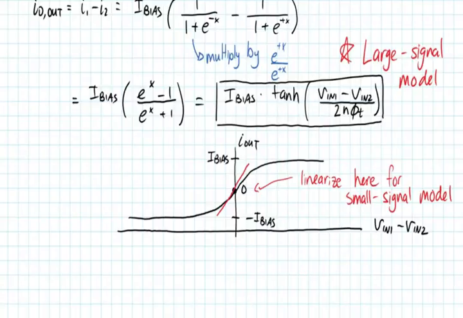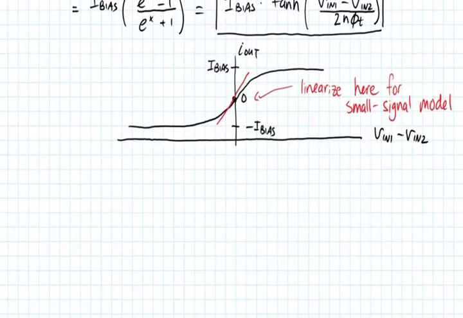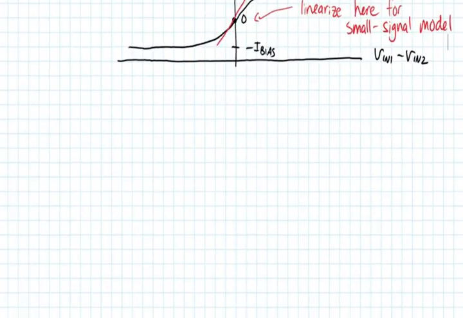Okay, so this expression, I bias times the tanh function of Vn1 minus Vn2 over 2 n phi t, is a nice, beautiful expression that well describes the relationship between the input voltage and the output current.